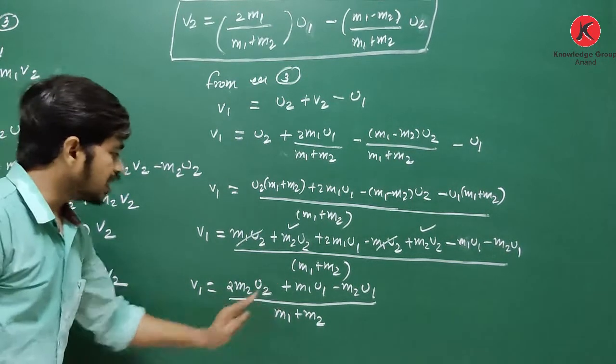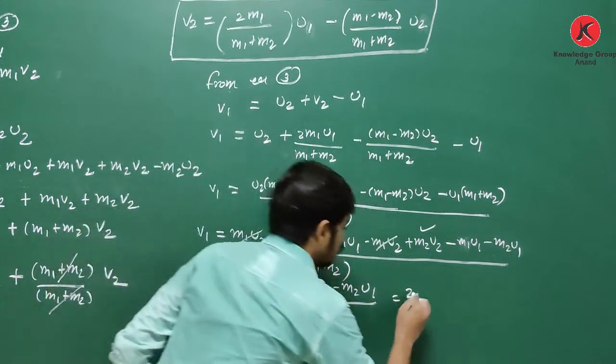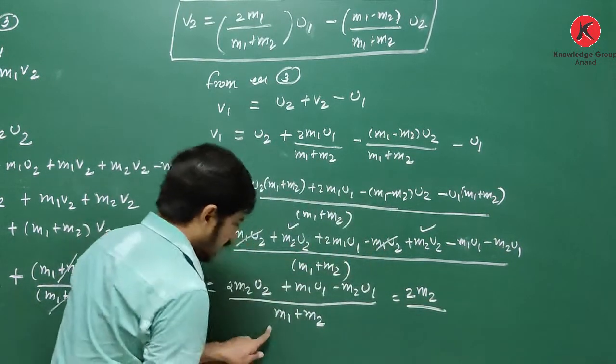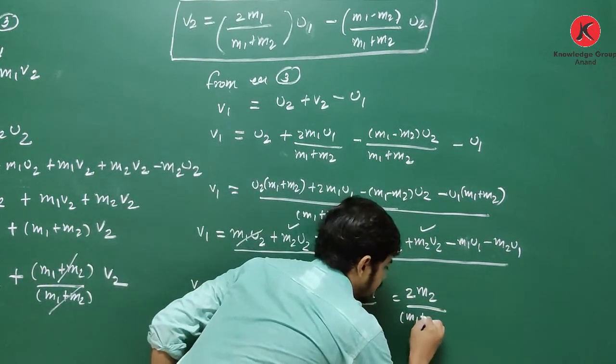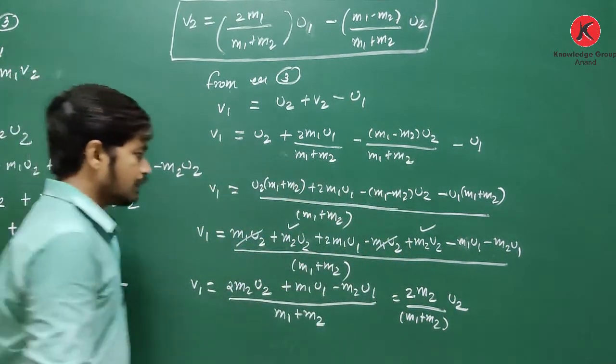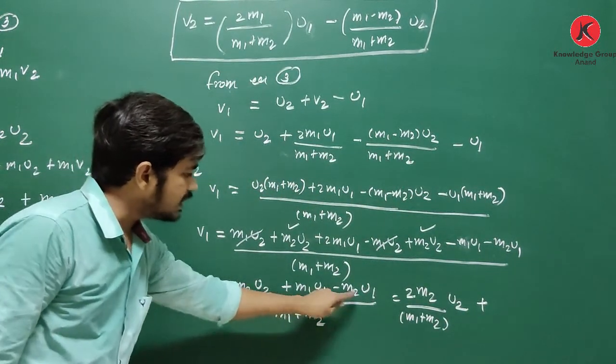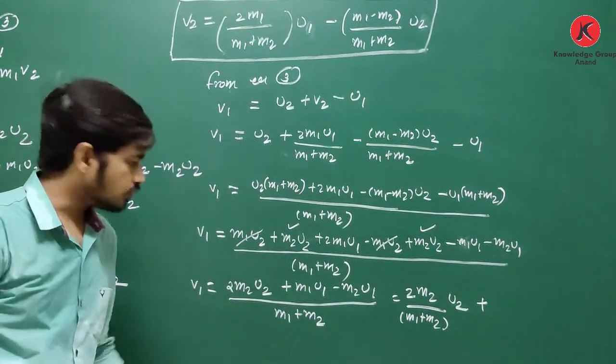Now you can separate these two terms like this. It is 2 M2 divided by M1 plus M2 U2. Clear about this term? Plus, here it is M1 minus M2, yes or no?